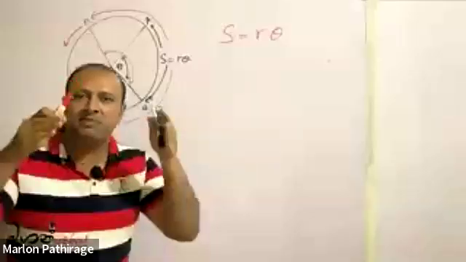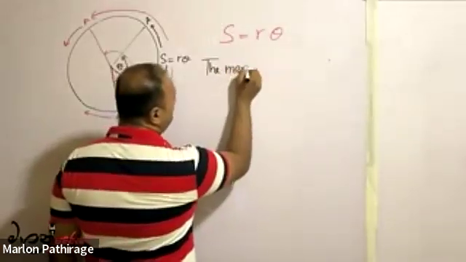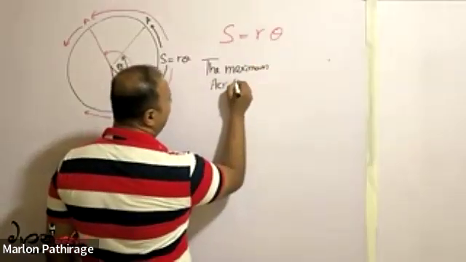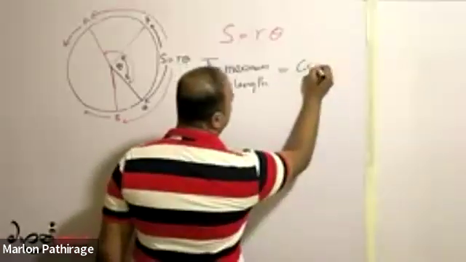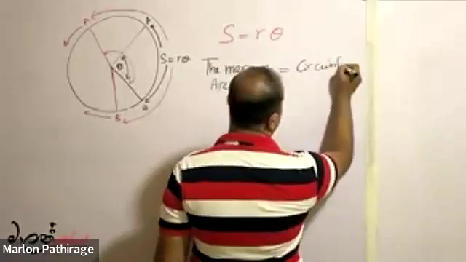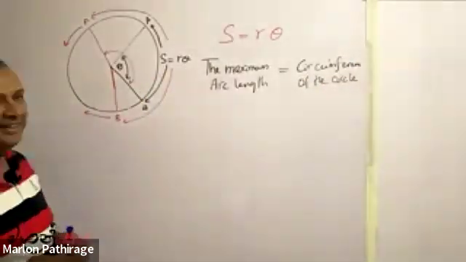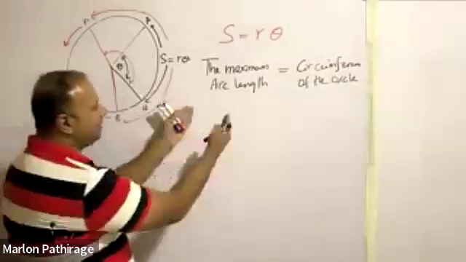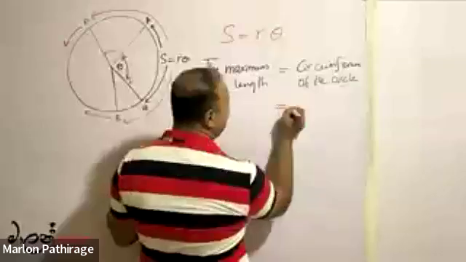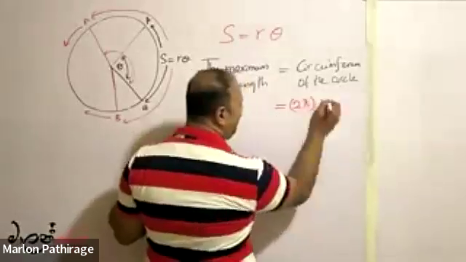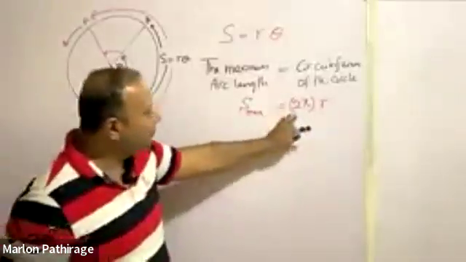You know the maximum arc length is equal to the circumference of the circle. Okay. You know what the circumference is and how to find it. This is equal to 2 pi r. Therefore, the maximum arc length is equal to 2 pi r.